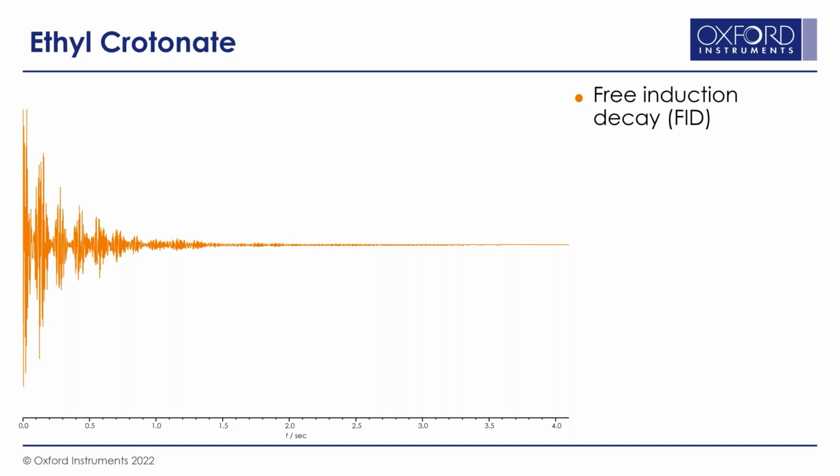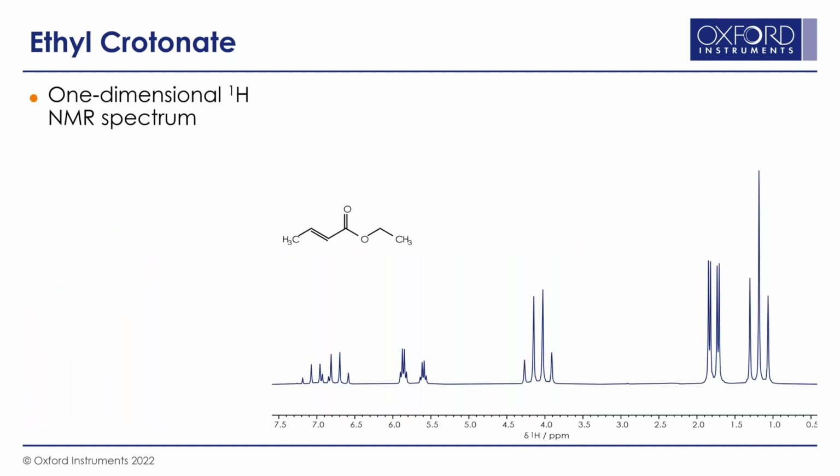However, in spectroscopy, we're concerned about the frequencies within the FID. In order to extract them, the time domain FID undergoes a Fourier transformation to give the frequency domain NMR spectrum, which you're probably already familiar with.